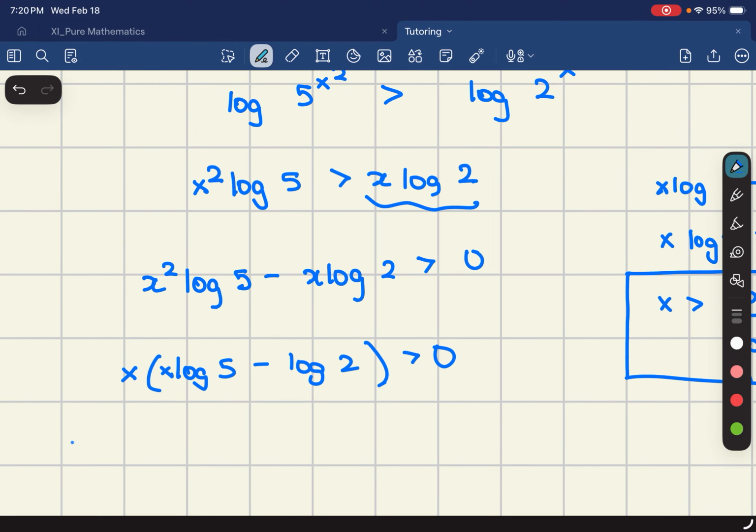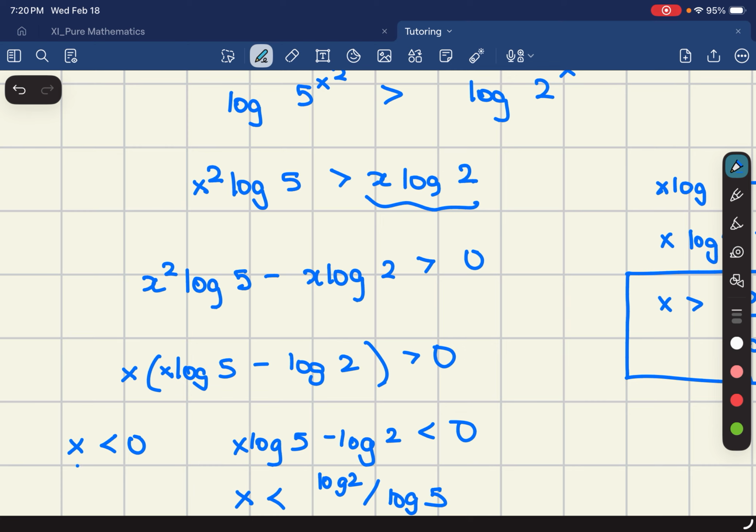And the second thing is that we can have x less than 0, and we can have x log 5 minus log 2 less than 0. So if both of them are negative, then the inequality should also hold. And basically we get x less than log 2 over log 5.